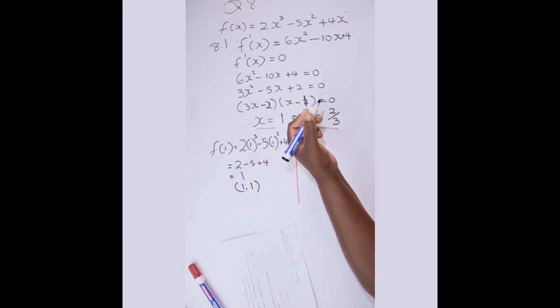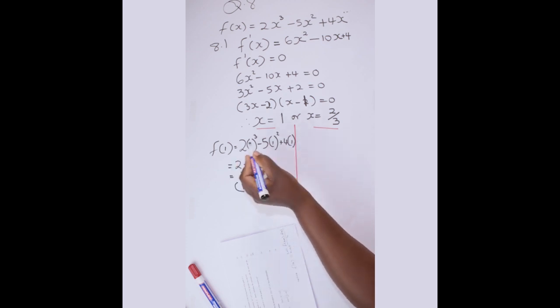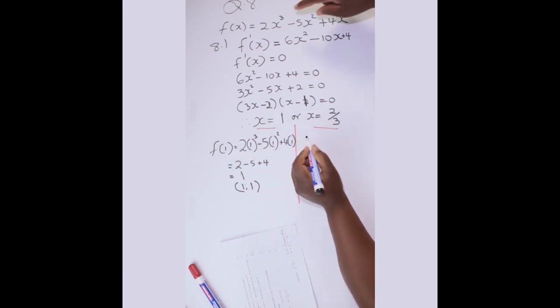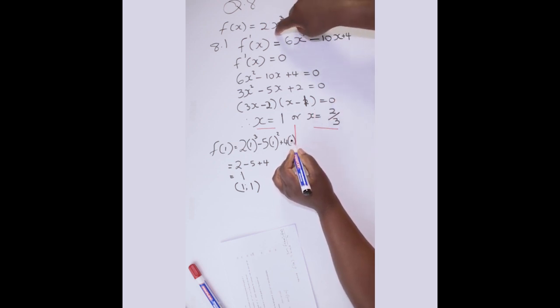Now, for x equals 2 over 3, we are going to substitute into that same original equation. Wherever we see x, we are going to put 2 over 3.